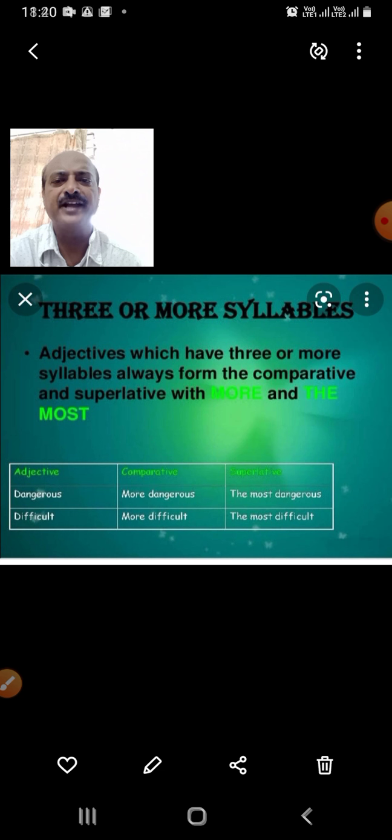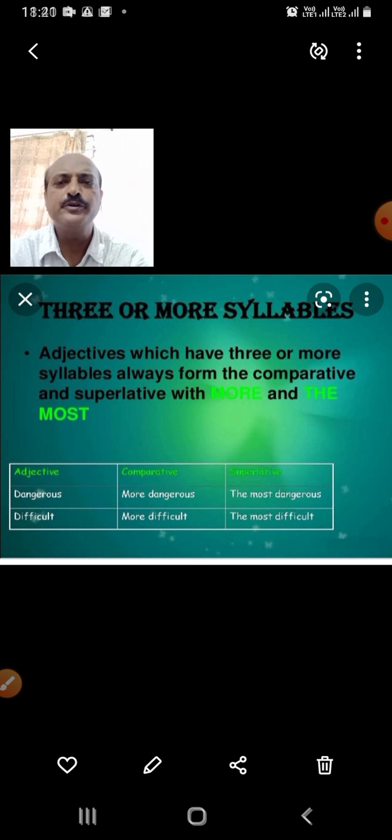So whenever we write a sentence, we say this is the fastest or this is the highest mountain in the world, this is the longest river in the world. And in comparative, he is taller than me. We add er in most of the words.